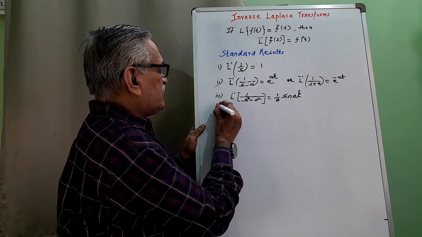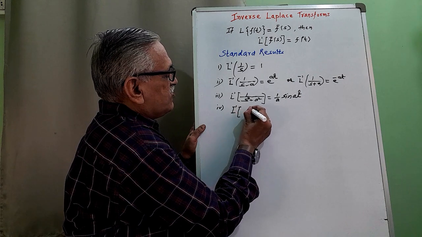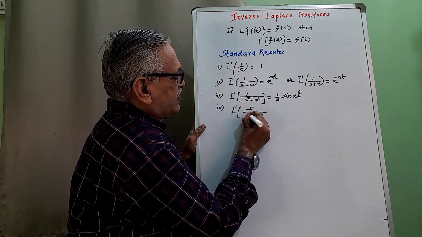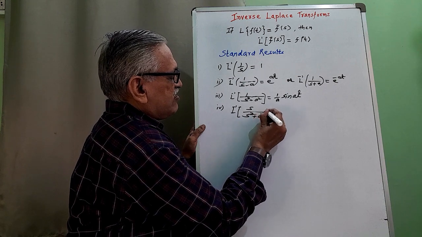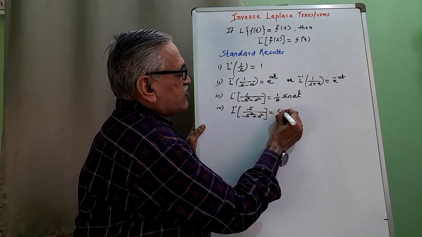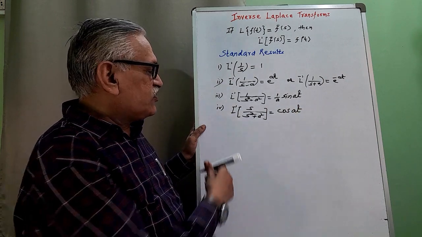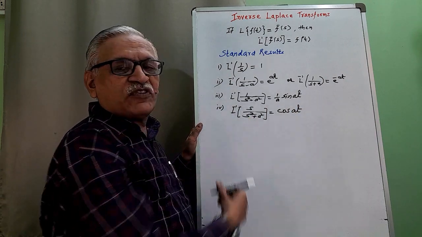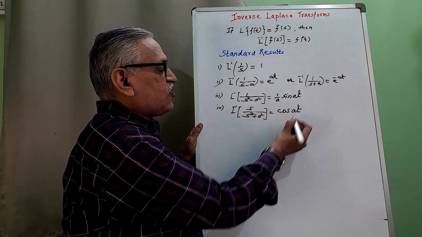Then fourth, inverse Laplace of s upon s square plus a square is cos at. We know Laplace of cos at is s upon s square plus a square, and therefore we get the inverse as cos at.